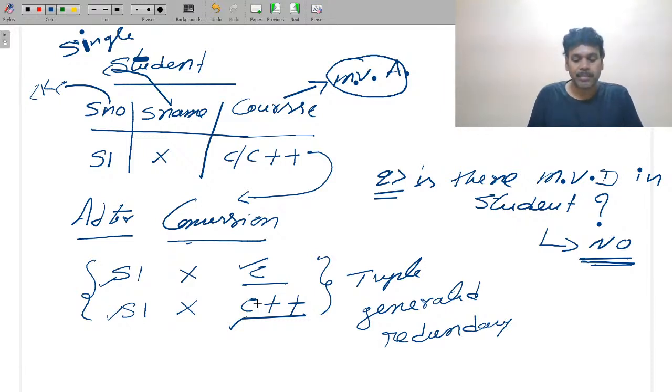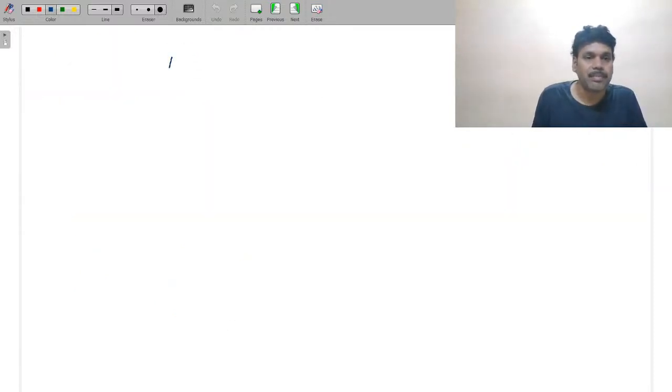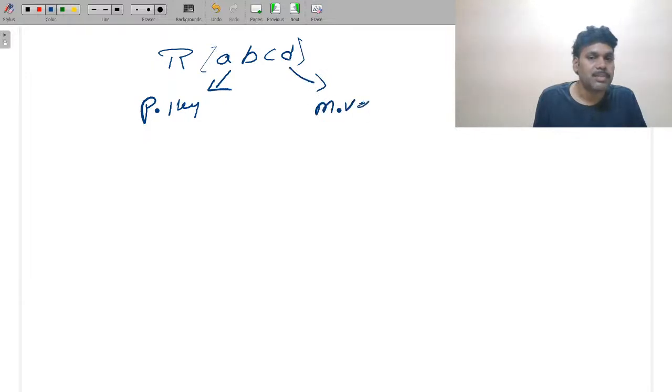Let us look at another example. Now we are talking like this. There is a relation R consisting of A, B, C, D. A is a primary key and D is multi-value. Please observe, friends, all of you. And B and C are single value.